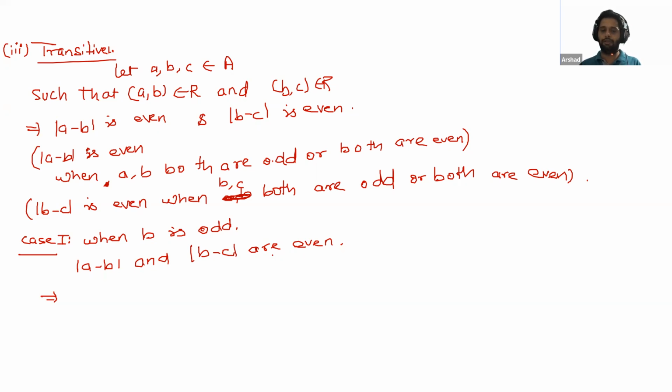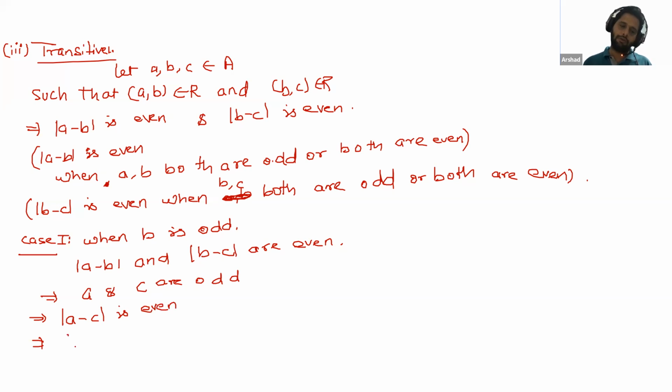When B is odd, and A minus B and B minus C are even, this implies A and C are odd. Now if both A and C are odd, can you tell me what is modulus A minus C? Will this be even or odd? Even. Very good. Modulus A minus C is even.